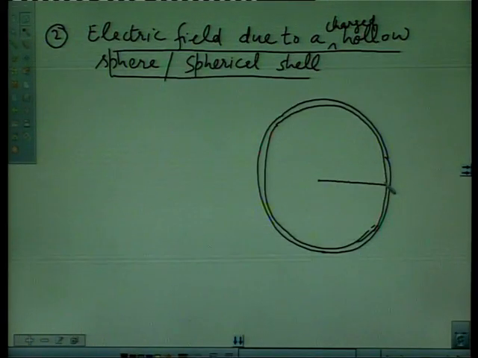The radius of this sphere is r. So, here we have d is equal to r, and a positive charge q is given uniformly to this hollow sphere. So, this is only on the surface of this hollow sphere, and it is distributed uniformly over the whole surface.